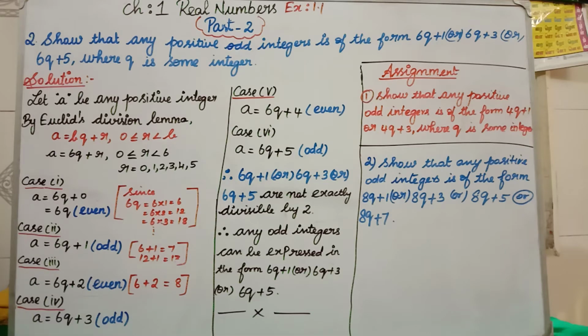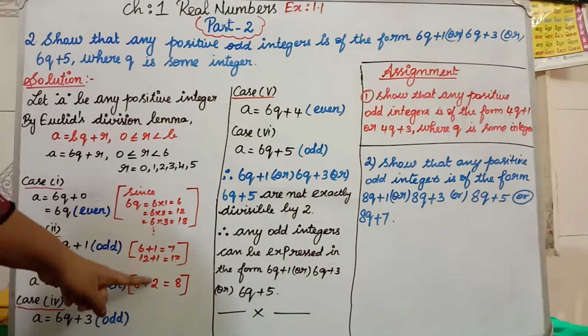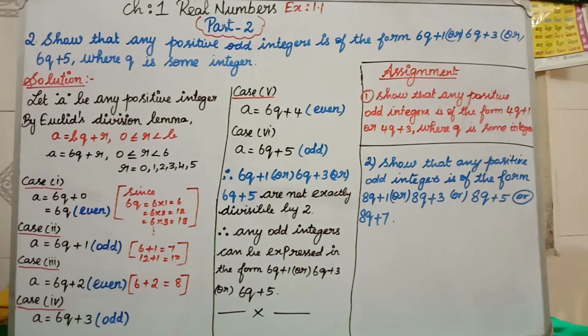How can I say 6q is even? The bracket is not needed to write for your exam; it is for your understanding. For q you can give any value, even or odd, but the final answer is an even number. If you see here, 6q, we have 6 into 1 is 6, where 1 is an odd number.